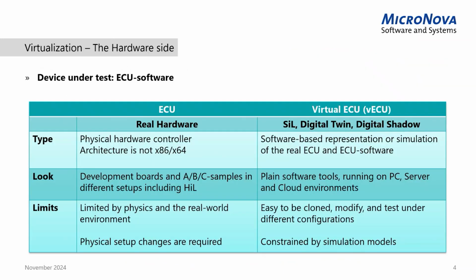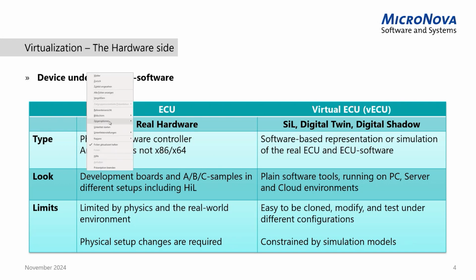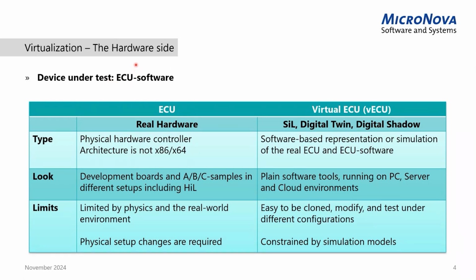So let's start with the first side of what we understand by this virtualization, by this virtual ECU approach, and this is the hardware. In general, the device under test that we have in focus here from testing is usually the ECU software, and this ECU software runs on some real hardware.